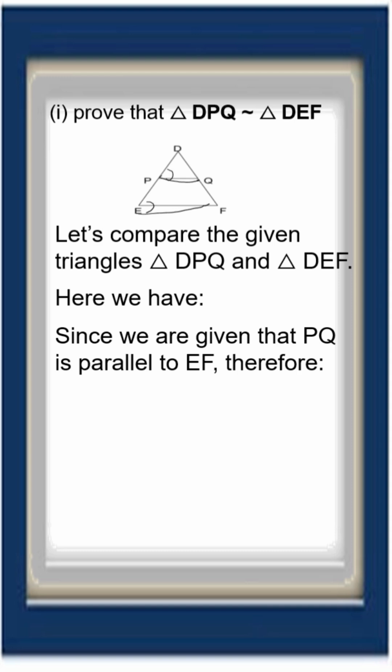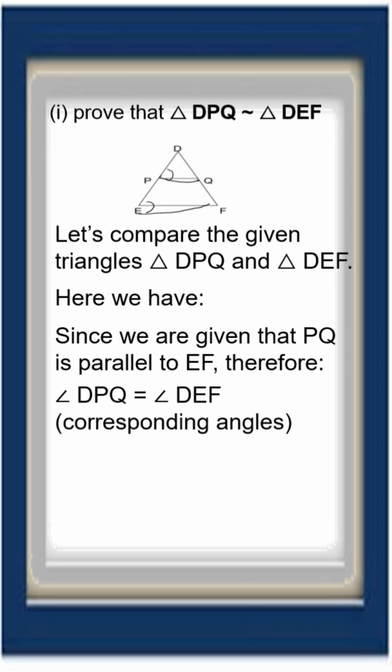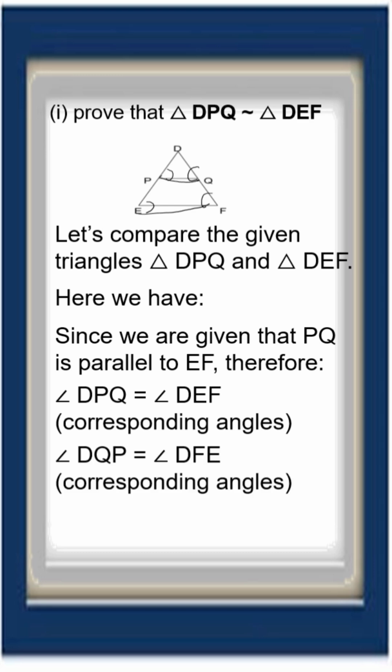Angle DPQ is equal to angle DEF because they are corresponding angles. Similarly, angle DQP is equal to angle DFE, corresponding angles. Angle D is common to both.